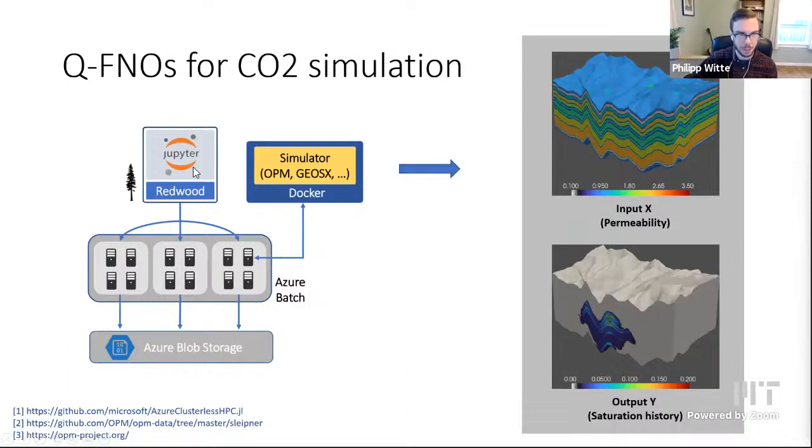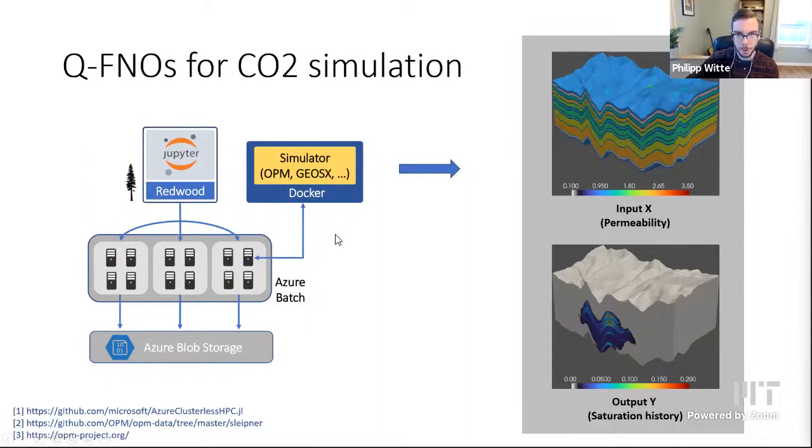So you can basically set up a Jupyter notebook where you say, okay, this is the code that generates my different models. And now I want to run different instances of my simulator with different input parameters. So you set up a Docker container that has a simulator. In our case, we use a simulator called Open Porous Media or OPM, but you could use a different one as well.